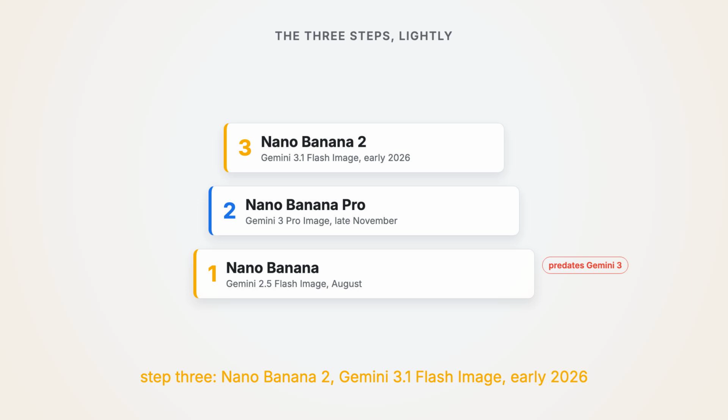Nano Banana 2, officially Gemini 3.1 Flash Image, arriving in early 2026, pitched as pro-level quality at faster, cheaper speed, and rolled out as the default image engine across Google's products. 3 stepping stones, each better than the last. The names will keep changing, so I am going to teach the concept, not the catalog.